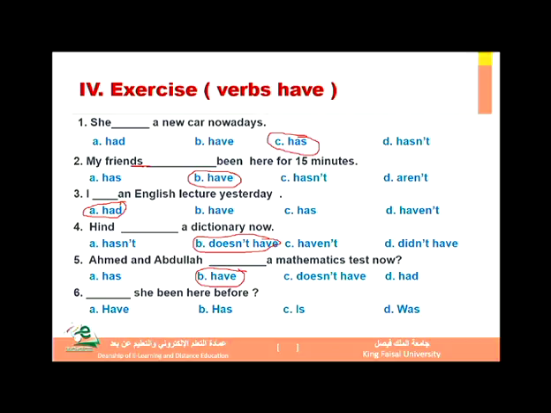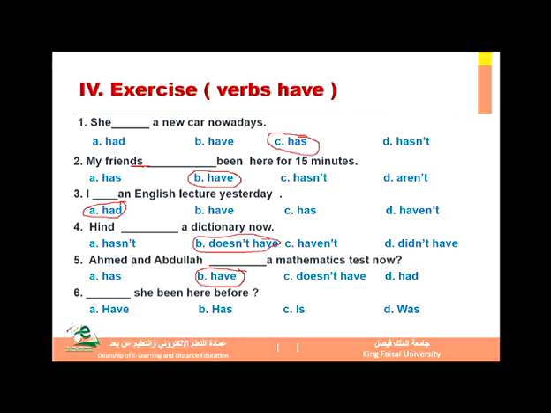So here أحمد and عبد الله يعتبرون جمع، وللجمع نستخدم have، ما نستخدم doesn't. ليش ما نستخدم doesn't؟ ليش مستحيل الإجابة تكون doesn't have؟ لأن إذا تذكرون أن في مثلا هذه الجملة أصلها أن هند has a dictionary، لما أردنا أن ننفيها استعنا بالdoes، بعدين رجعت لها في الصورة الأساسية. فلو قلنا أن هذه الإجابة الصحيحة راح تكون عندنا مشكلة، لأن راح نقول بأن أصل الجملة عبد الله and أحمد has mathematics test، وهالشيء خطأ مستحيل، صح ولا لا؟ لأن عبد الله and أحمد جمع، فلا بد أن يكون معهم have. فإذا الإجابة الصحيحة هي B have.